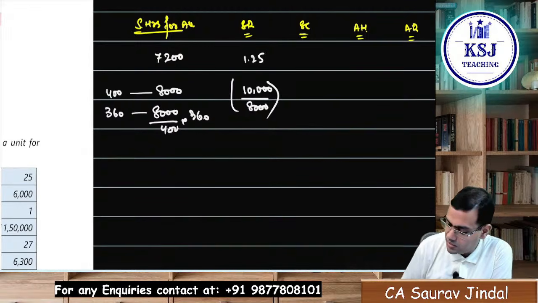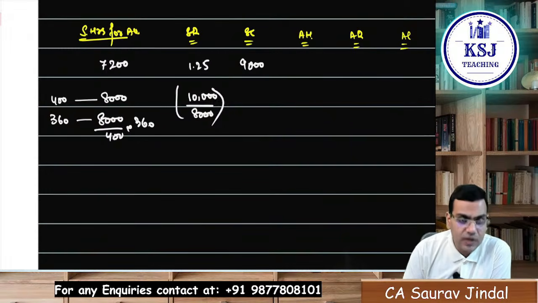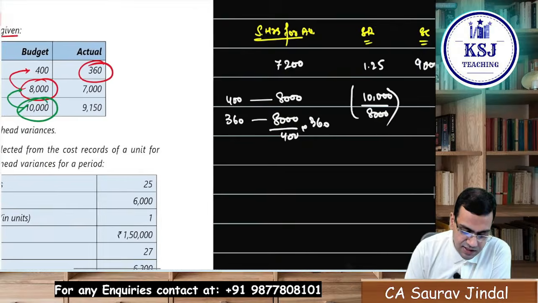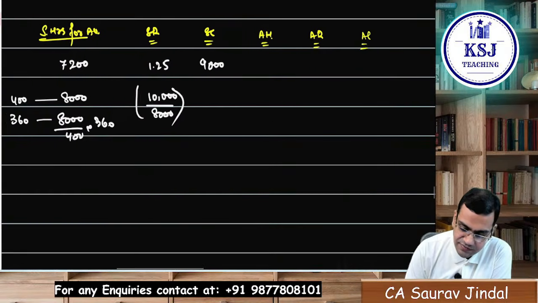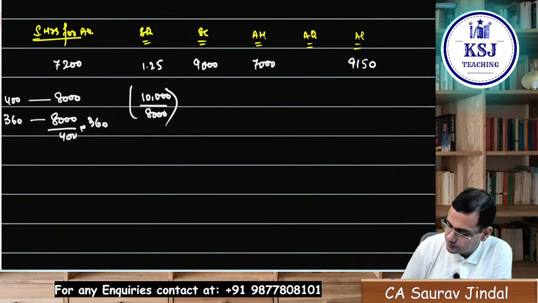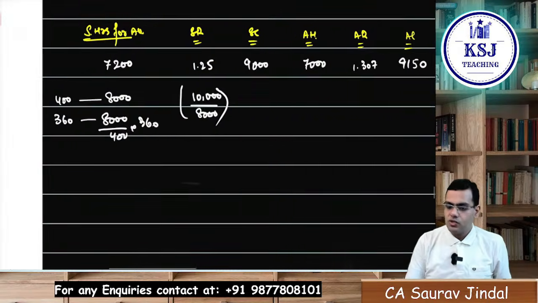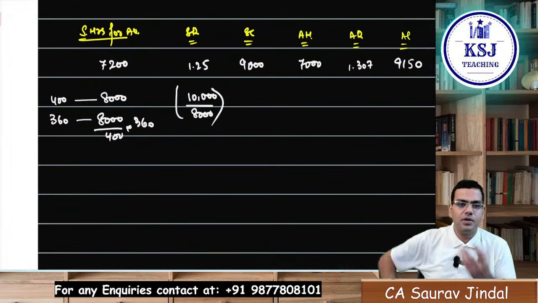So this will be your standard cost, 9,000. What is the actual number of hours? 7,000, and actual cost 9150. 7,000 and 9150, that comes to 1.307. Clear? So from here you can easily calculate the variable overhead variances now.